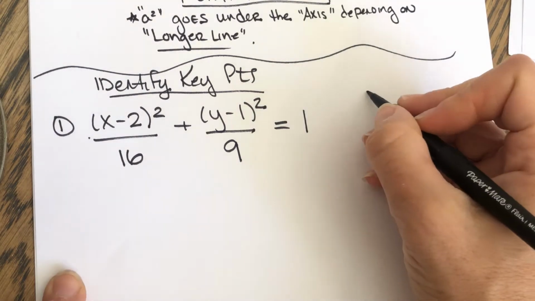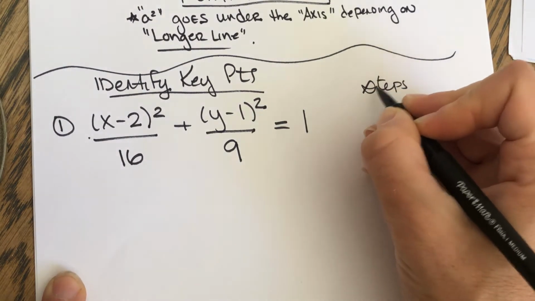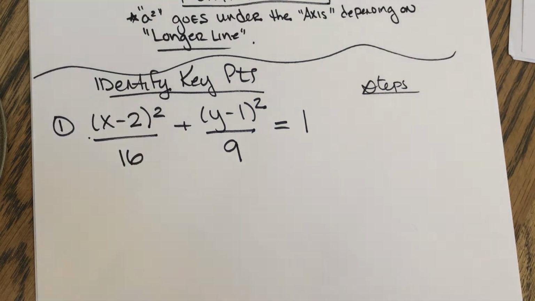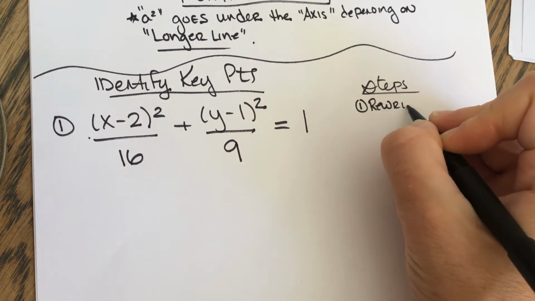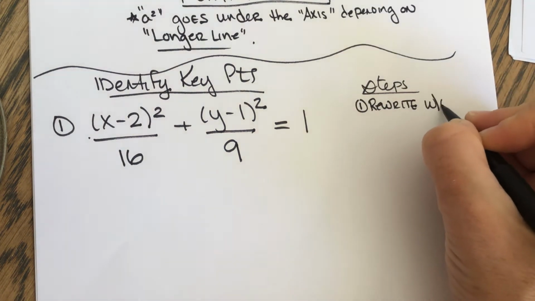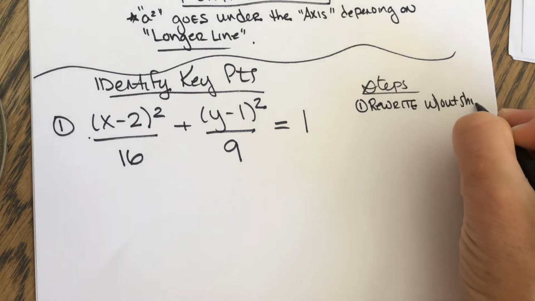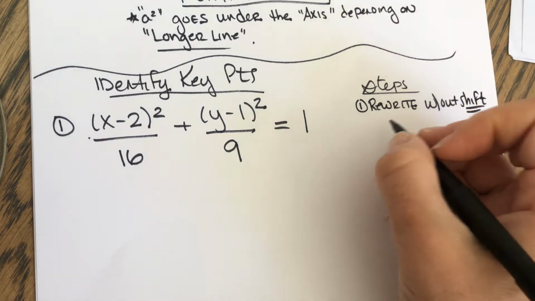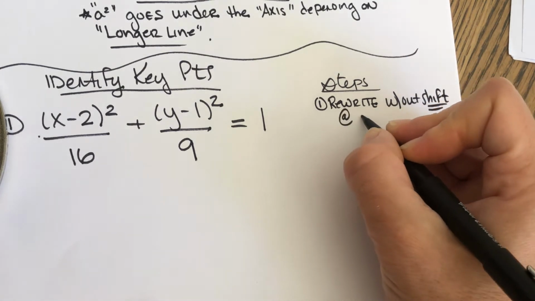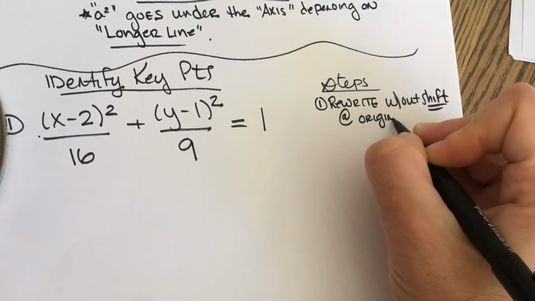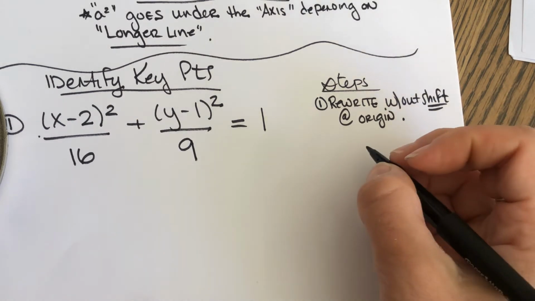Okay. So here, you guys like me when I do steps. Just like your steps for the parabola. What do you do first? The first thing we're going to do is rewrite without the shift. So what that means, obviously, write it without the shift, where it's at the origin. We talked about how to do that with the parabola.